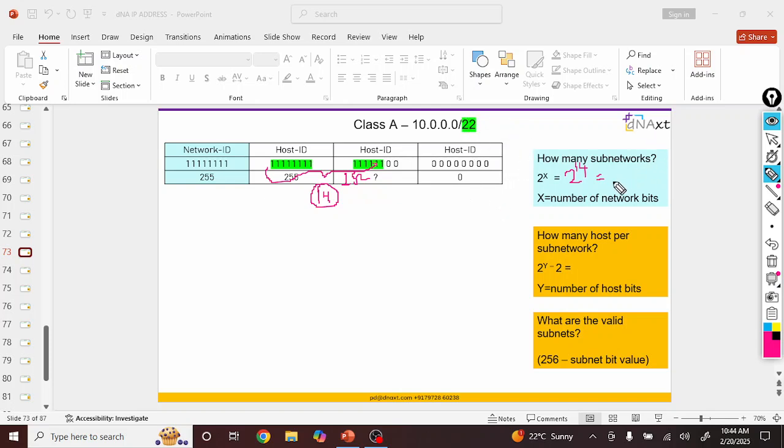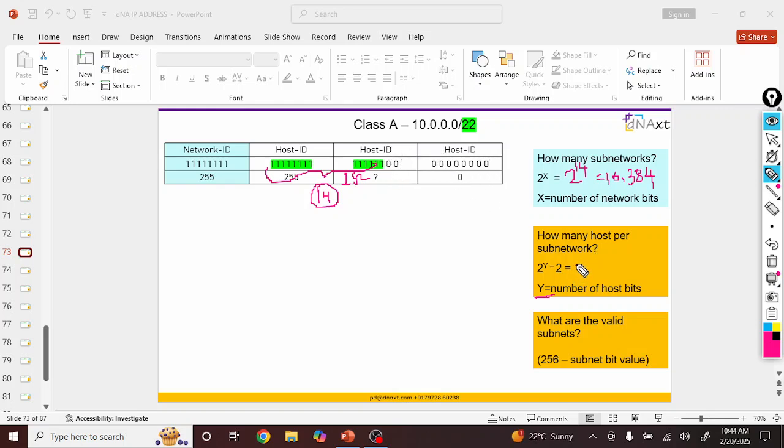How many subnetworks we will get? Since we have 14 subnetwork bits, we will get 2 to the power 14. That means 16,384 subnetworks. How many hosts per subnetwork? That is 2 to the power y minus 2, where y is the number of host bits. 8, 9, 10.